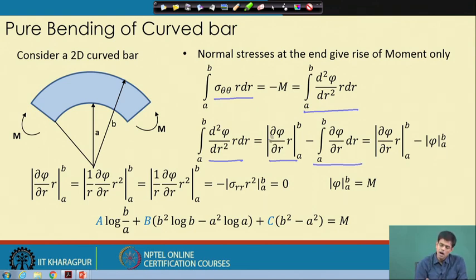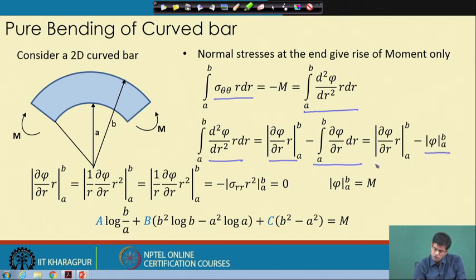Then the integral becomes d phi by dr for the first term, and the second term becomes phi. So, this is clear.